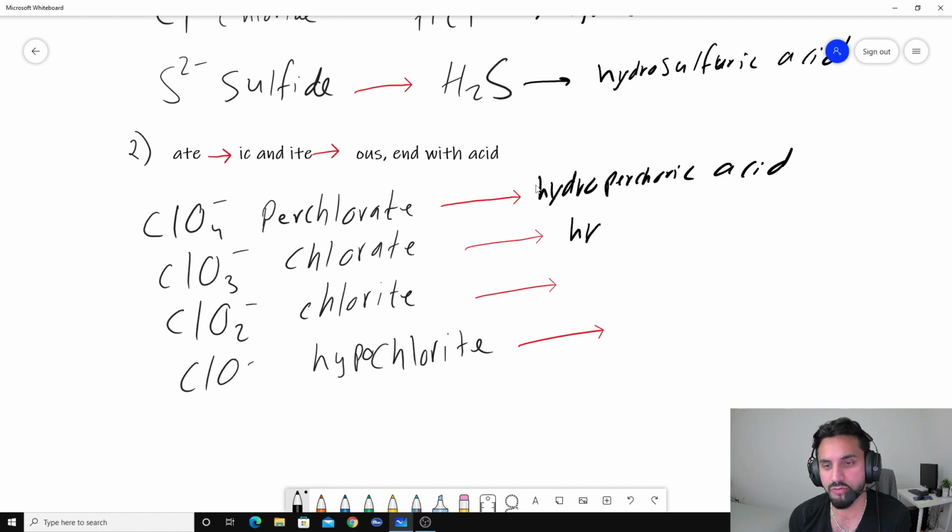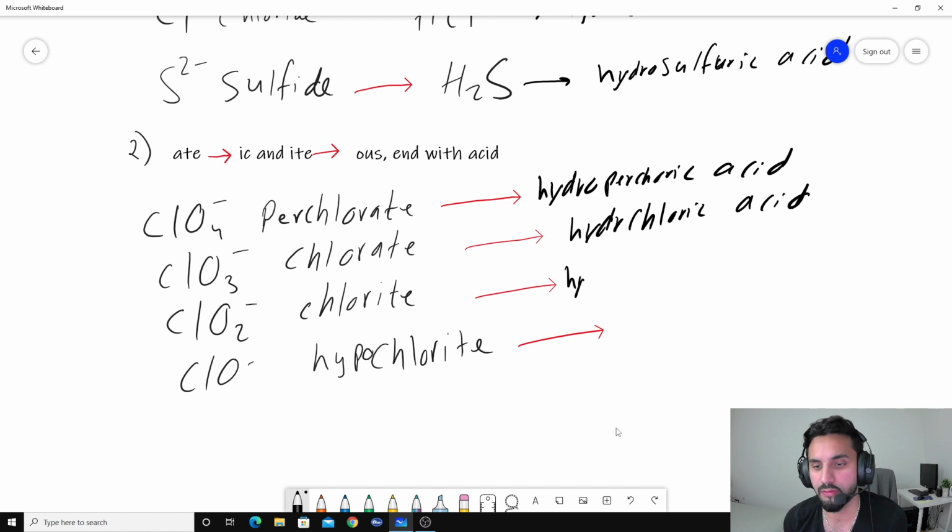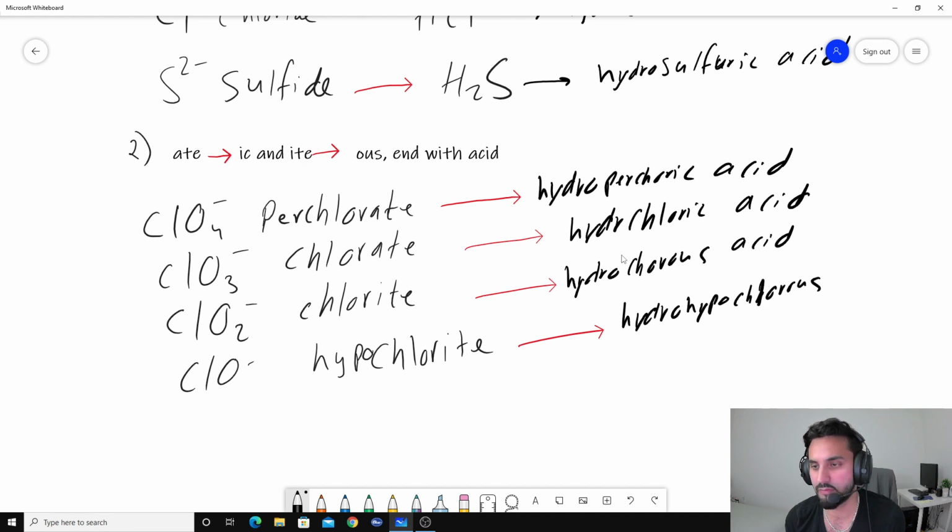Here, hydrochloric, common acid, and this one, hydrochlorous acid. So ITE becomes OUS, hydrochlorous acid, and hypochlorous acid.